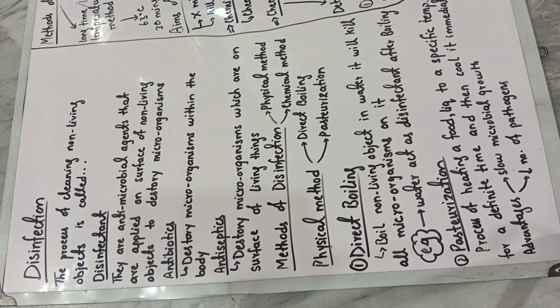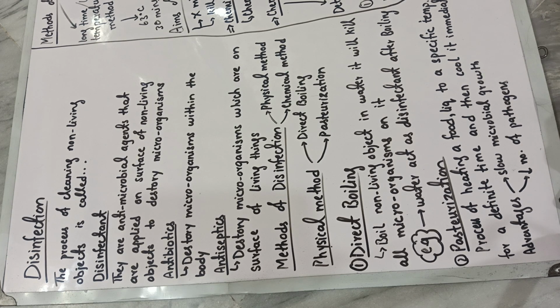And some liquids which are prepared in industry, like milk being packed, like the Olper company is going to pack it. They heat that milk at a specific temperature for a definite time, and then it is immediately cooled. By cooling it, it will destroy all the microorganisms present on it.